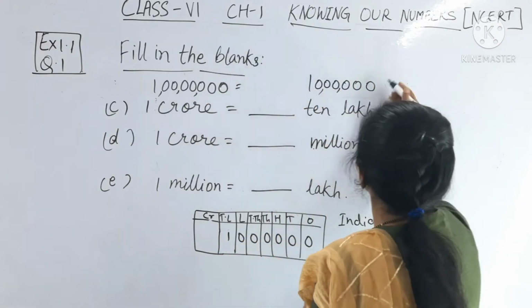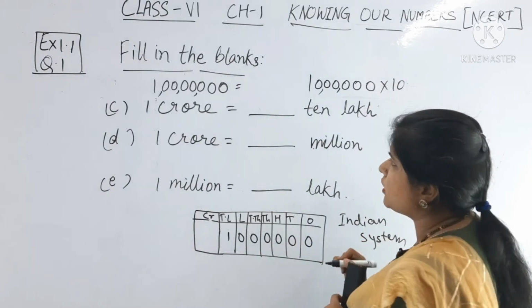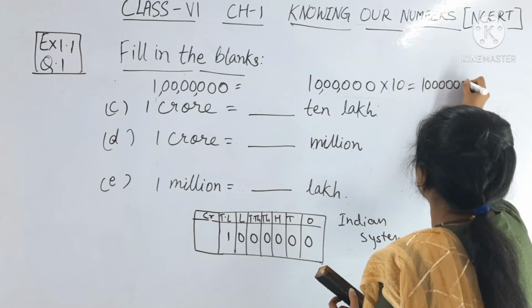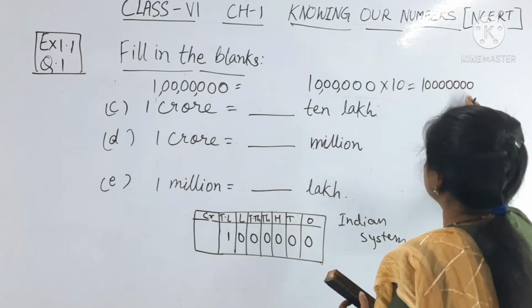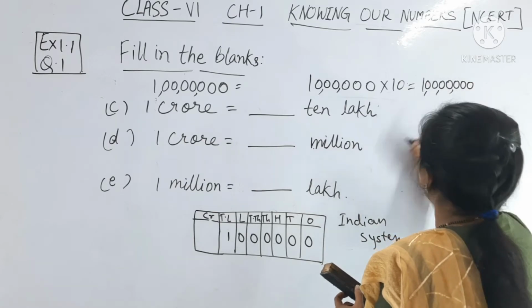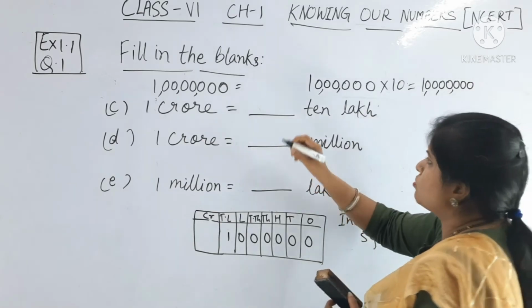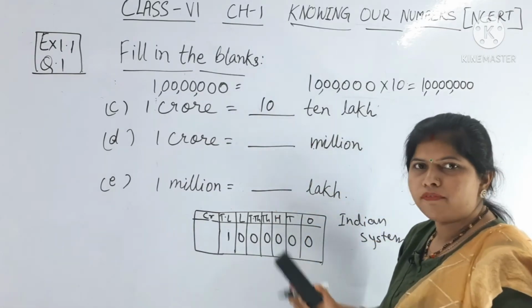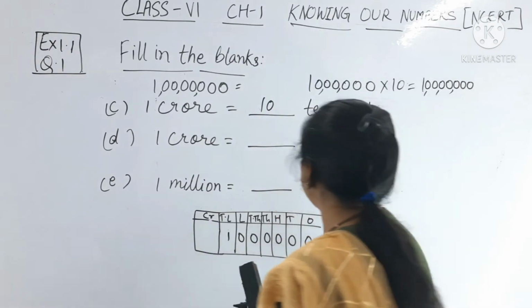So we have to multiply by 10 to make 7 zeros here. So I am getting 1 crore after multiplying by 10. So what will be the answer here? 10. So you can simplify with the place value chart.